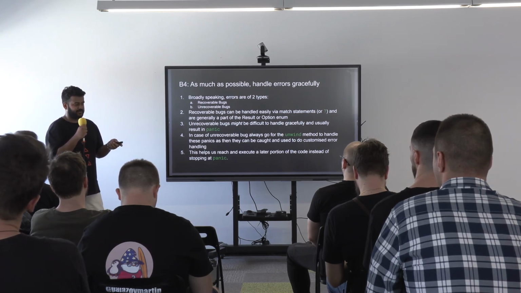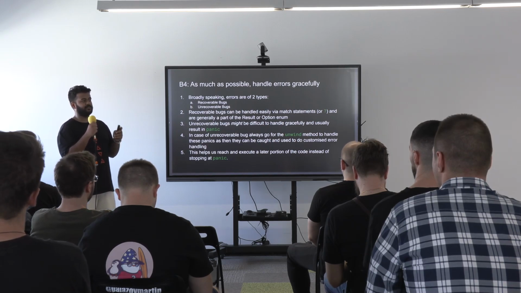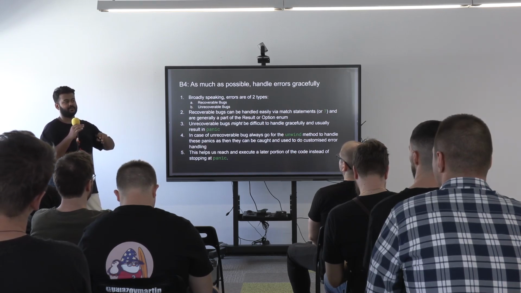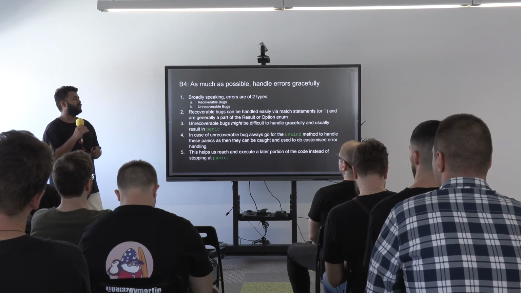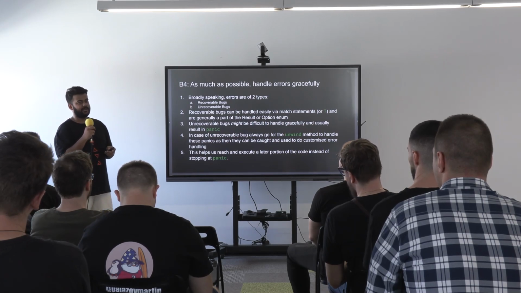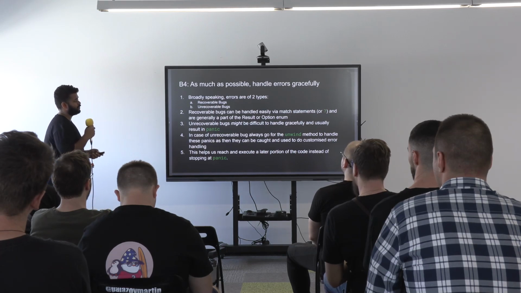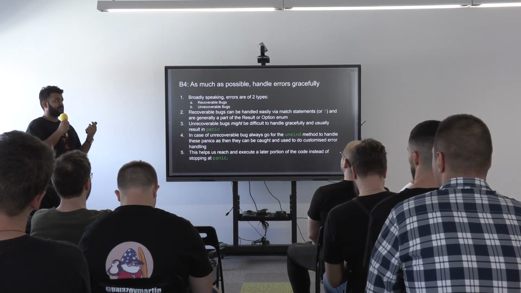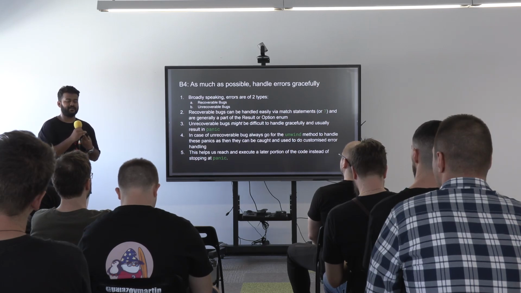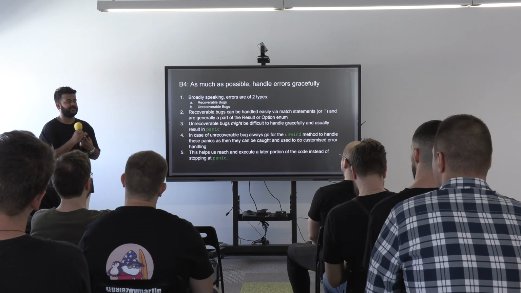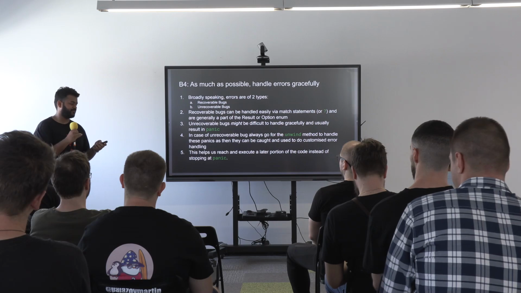It does not make sense to do it, but people do it because if you Google Rust optimizations, it's one of the top things that come up: put panic equals abort, and that will reduce the binary size. So either you are super confident that nothing in your program can unexpectedly panic, then do it, otherwise don't. It does not have much upside.